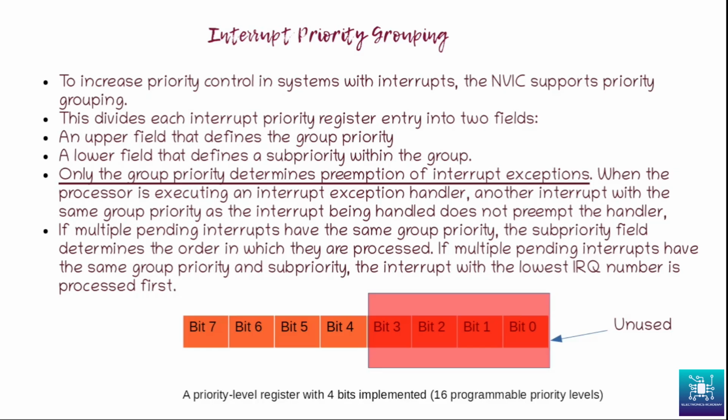So within that 0 to 85 range, say the interrupt number is 7, but it has the same group priority and sub priority, and interrupt number 6 is being executed, then 7 has to wait for 6 to complete. So this is the interrupt priority grouping scheme that we have in the case of our particular SOC.